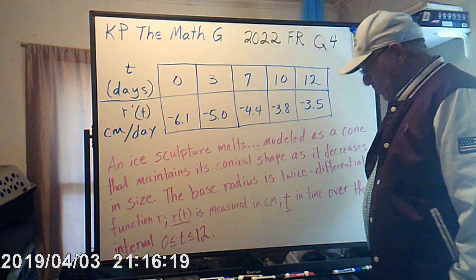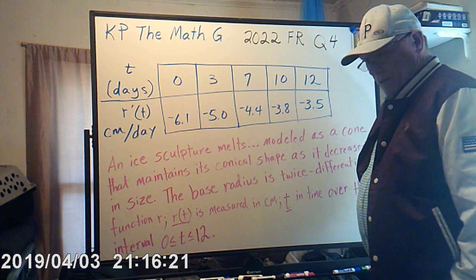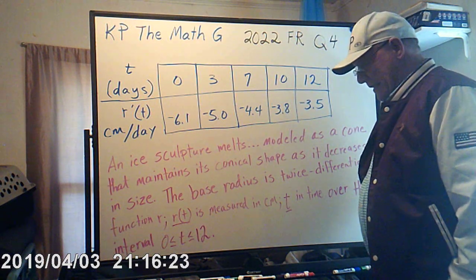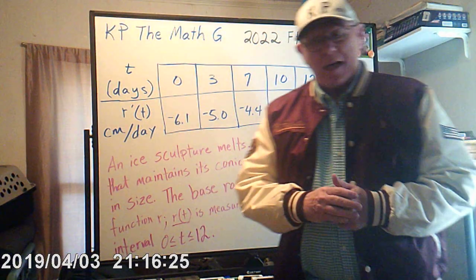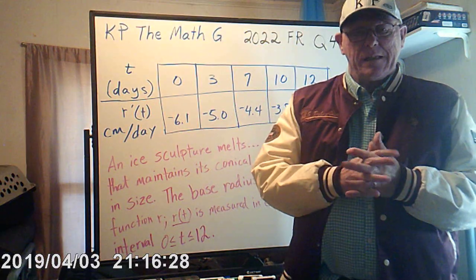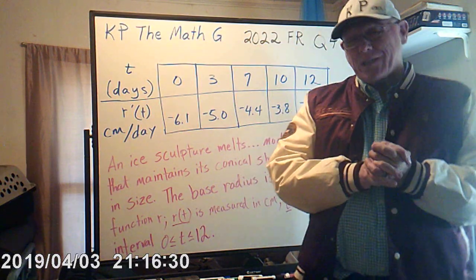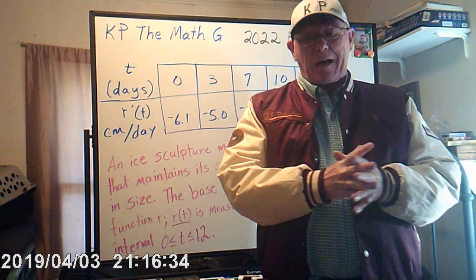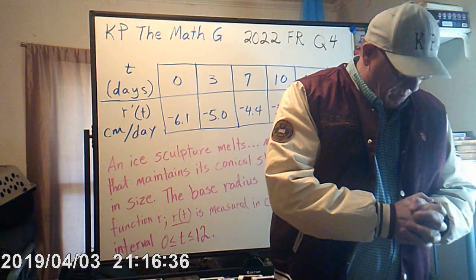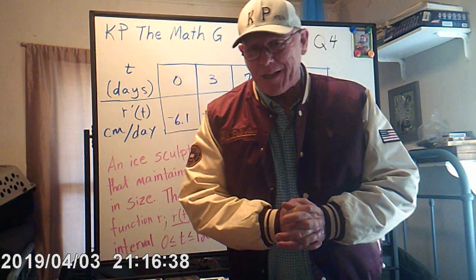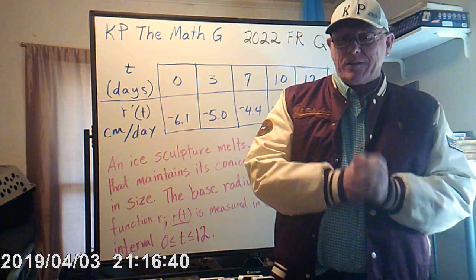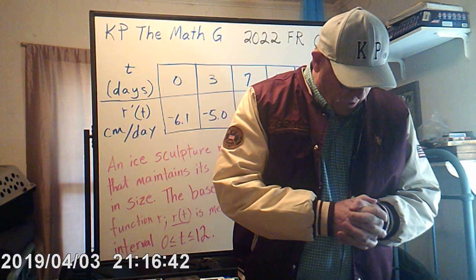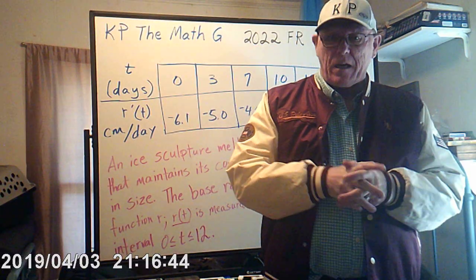Alright, let's talk a little bit about this. We're going to look at parts A and B, and then in my next video, I'm really excited about parts C and D, but you do need to see both of these parts.